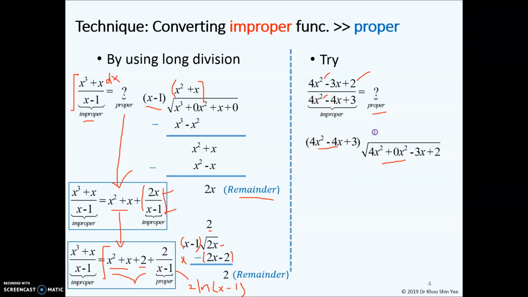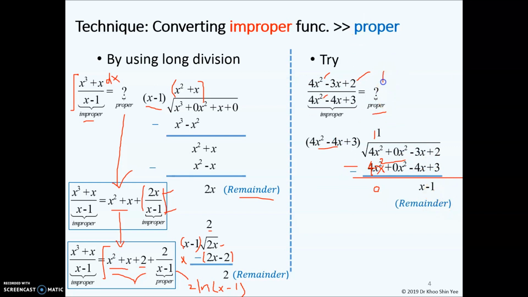So we multiply 1, so you get 4x squared. So this whole term can be cancelled. So 1 multiply negative 4x, and you should get negative 4x here. 1 multiply 3, you get 3 here. So you should minus it so that this whole thing becomes 0. And after you minus, you get the remainder, which is x minus 1.